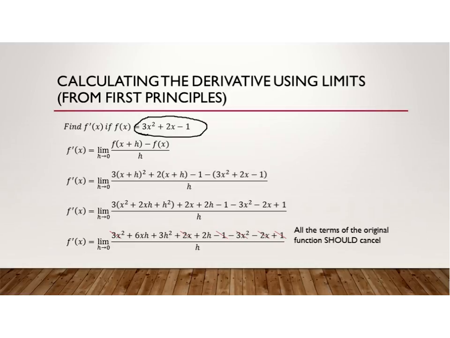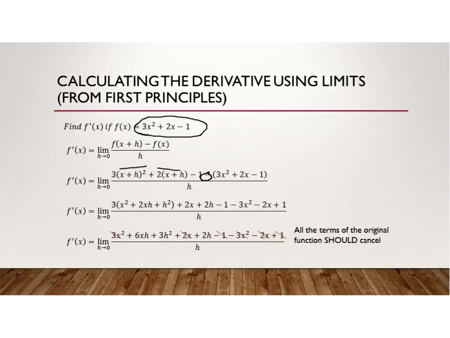If you're at this line and you can't cancel all the terms of the original function, you've mucked it up. So before you go on any further, go back and check all your algebra up to that point. The things to look for, of course, as I said earlier, are where you've done a product of a bracket, expanding brackets, and that negative. More often than not, it's dropping a sign on the negative where your errors arise from.